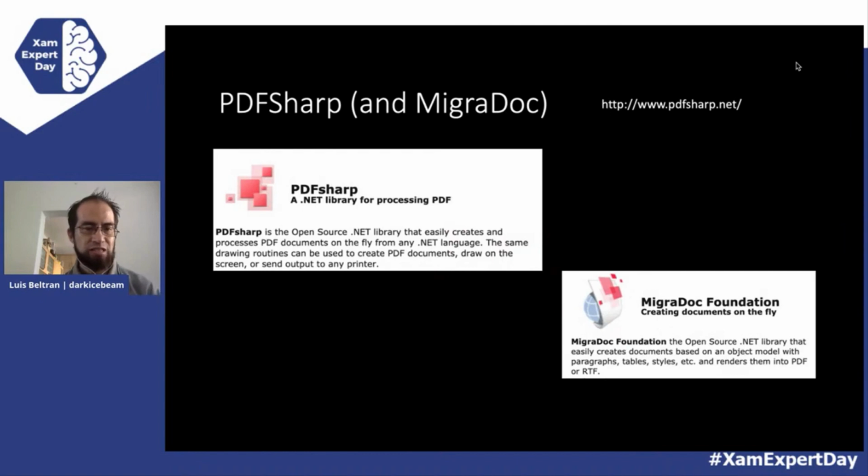For open source, we have PDFsharp and MigraDoc. These libraries are for processing and creating PDF documents on the fly. There is no designer, there are no controls to add. We have to create this manually, line by line, like creating tables, adding styles, adding a header, formatting the footer, and so on.